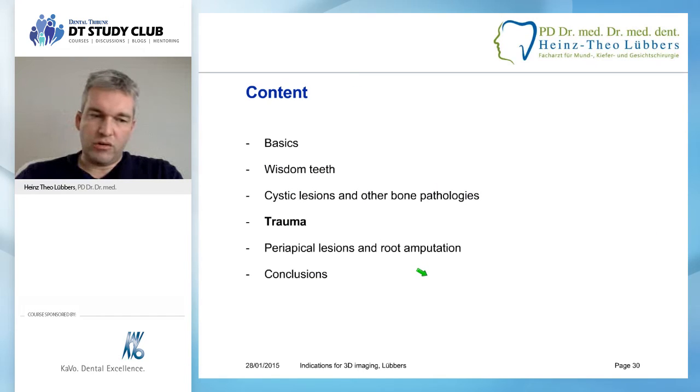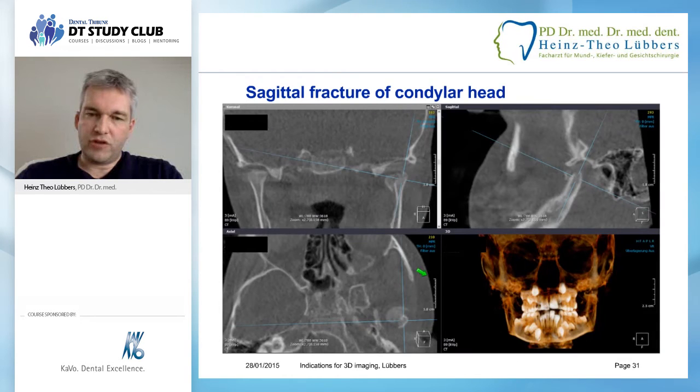Trauma, I only want to show one little case of trauma. So we are pretty much clear with trauma. There are two areas where you actually rely on 3D imaging. One is shown here. It's a condylar fracture, a sagittal fracture of the condylar head. You almost won't be able to see them in a classical panoramic view. The fracture line goes from posterior to anterior, right through the condyle here.